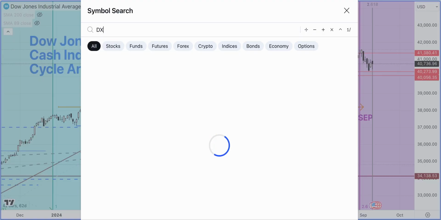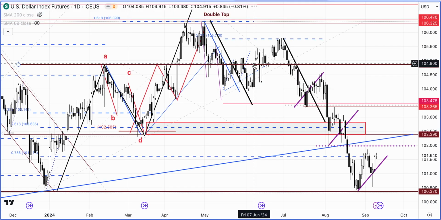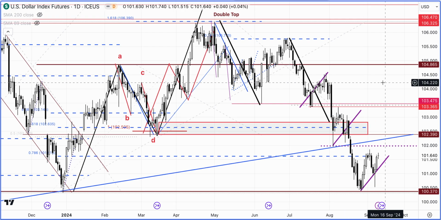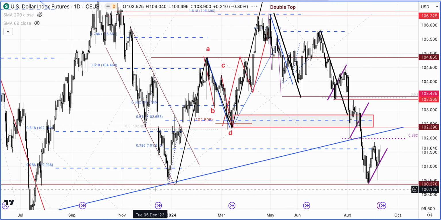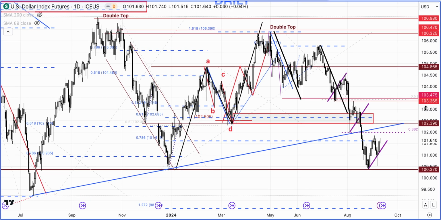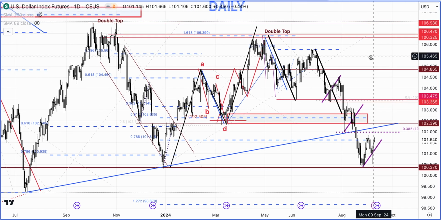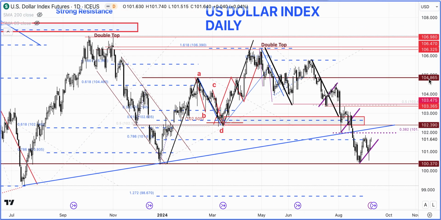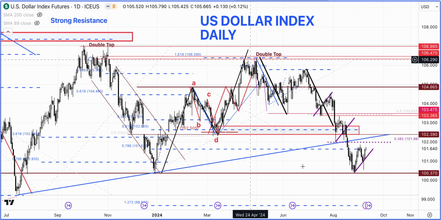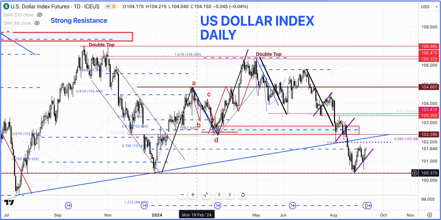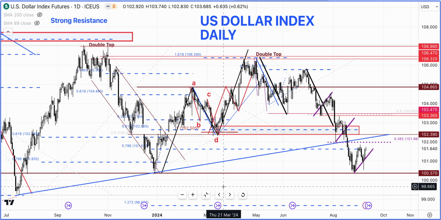Okay, so we'll start by taking a look at the US dollar. Here we go. The US dollar has become a little bit stronger because of the support coming here from the structure. But overall, we are bearish the dollar. After completing so many bigger patterns around here, it remains a big trading range between 107 and 100.